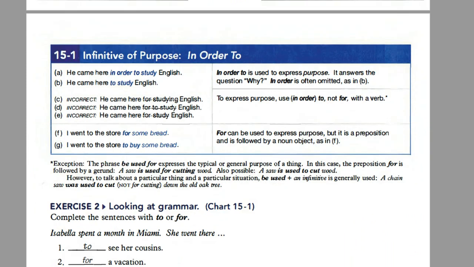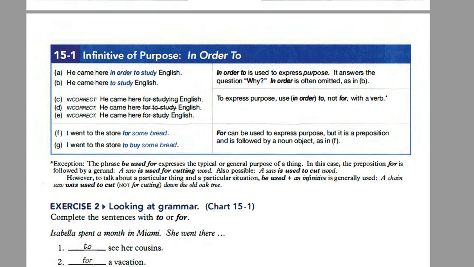Here in section 1, the infinitive of purpose: if I say "in order to", for sure "in order to" is a kind of linking word or coordinating word that I use to connect two parts, one clause and one phrase. That's how we use "in order to".